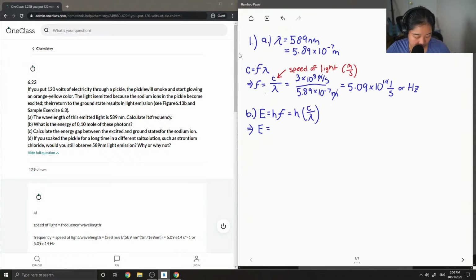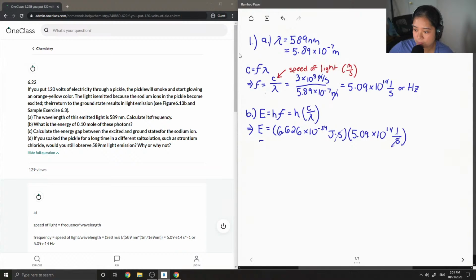Now we just have to plug in Planck's constant, which is 6.626 times 10 to the negative 34, and its units are in joules times seconds. And then once we plug in the frequency, which is 5.09 times 10 to the 14, 1 over seconds, you'll notice that our seconds cancel out.